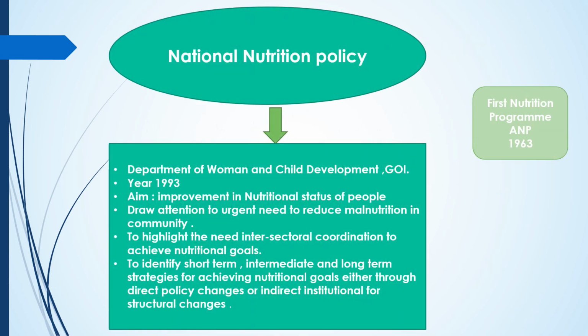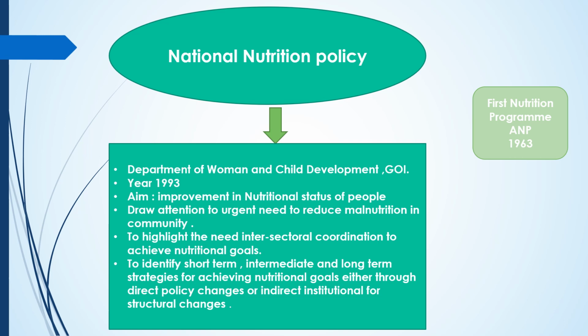Coming to the basics, the first ever program started by the Government of India is the National Nutrition Policy, which is called NNP, started by the Department of Women and Child Development, Government of India in the year 1996.